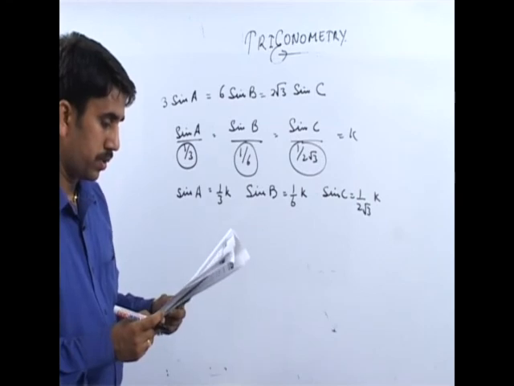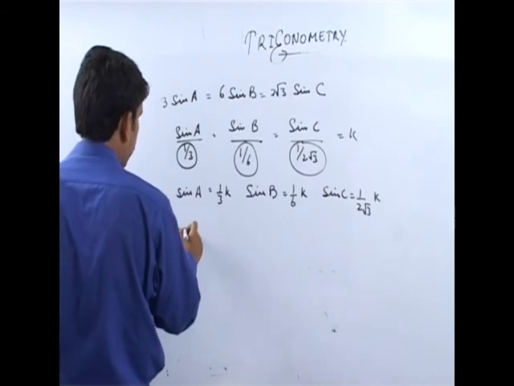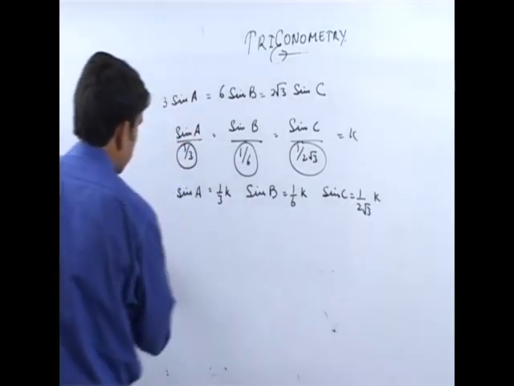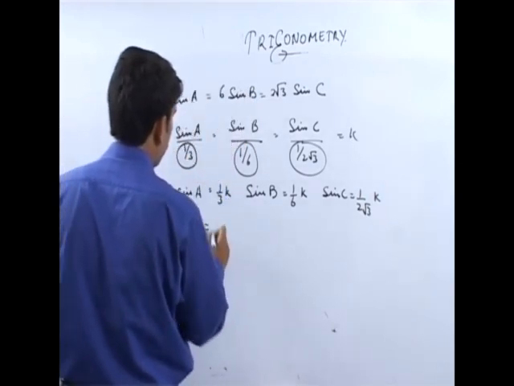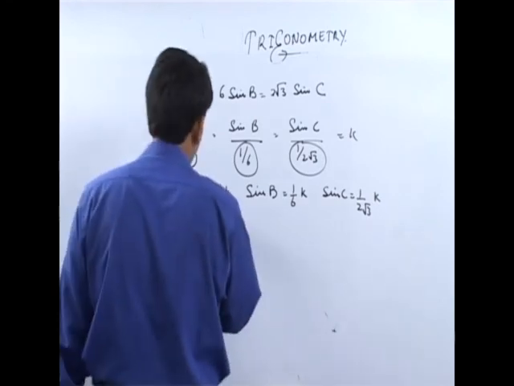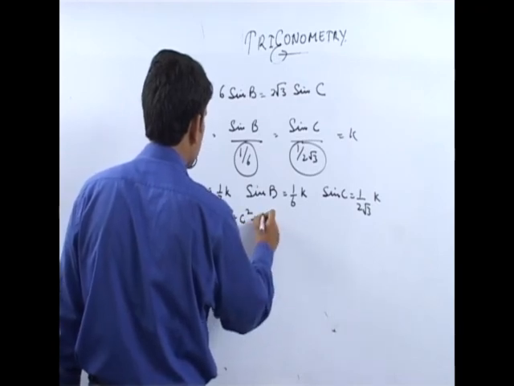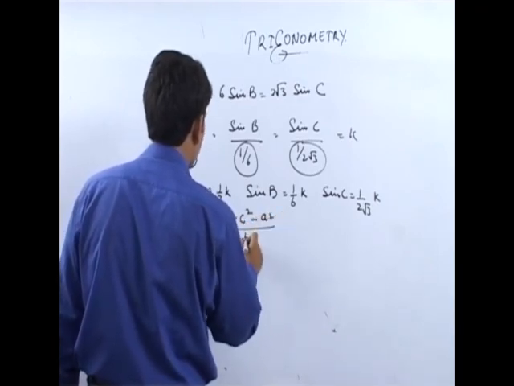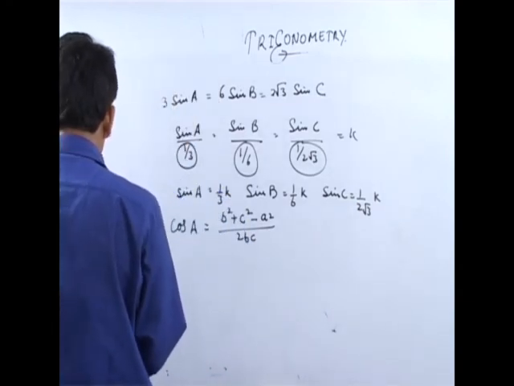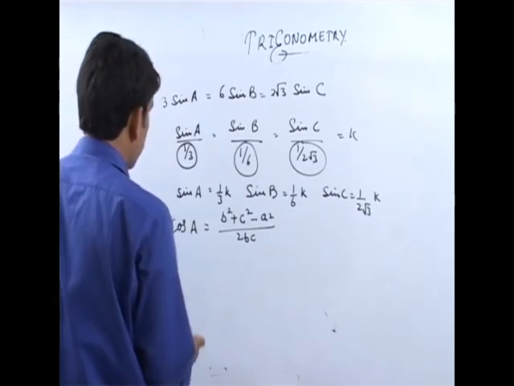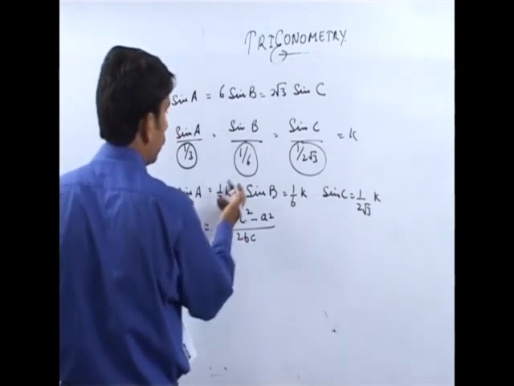Now since we have to find out angle A, you can write the formula for cos A, which is equal to b square plus c square minus a square over 2bc, and then put the values for all of these.